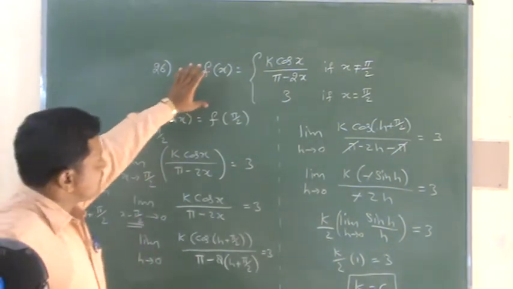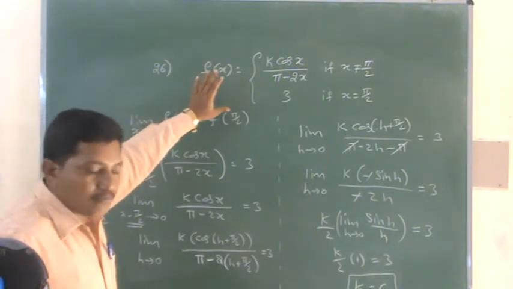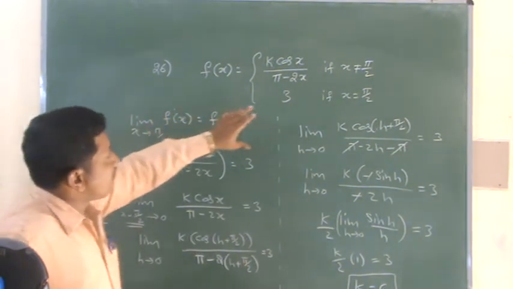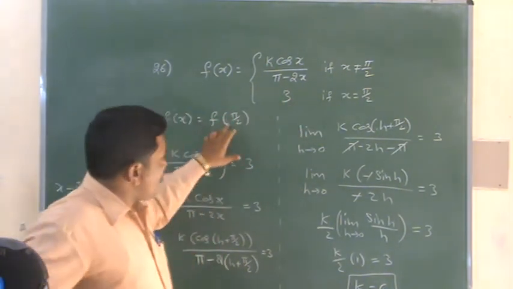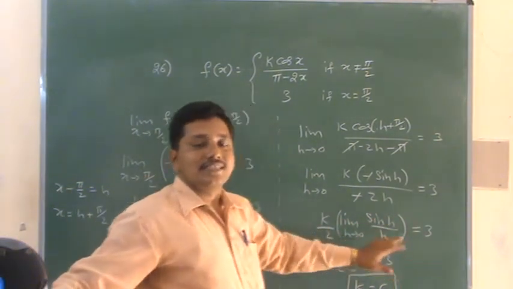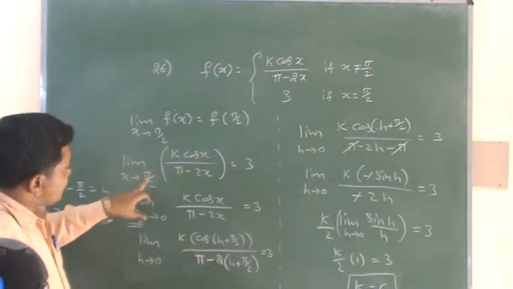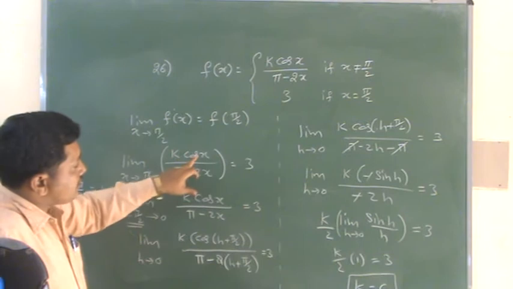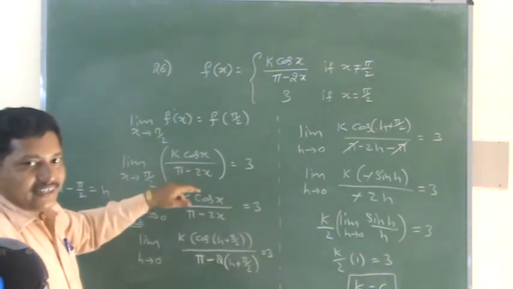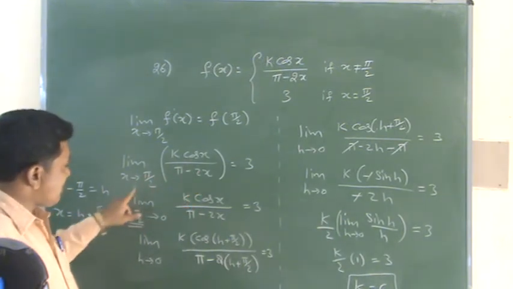So first of all, this is a function and it is also given that this function is continuous at x is equal to pi by 2. So this is the formula for that. Now at pi by 2 the value is 3, so I will take that 3 and carry it up to the last step. That is the right hand side. Now the left hand side, what am I doing? Limit x tends to pi by 2, k cos x by pi minus 2x. Now I want to substitute here and I get denominator 0, right? For that reason, I will take this substitution, x minus pi by 2 tends to 0.